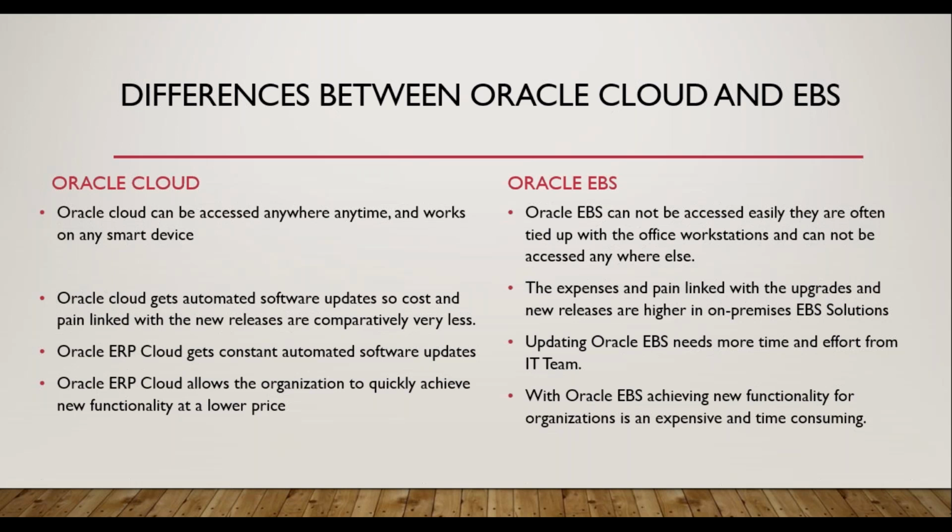Unlike in Oracle EBS, it is quite difficult to achieve that functionality. They need to involve the DBA people, and they need to take all the precautions before applying the patch. It's a time consuming process in the on-premise application called Oracle EBS.